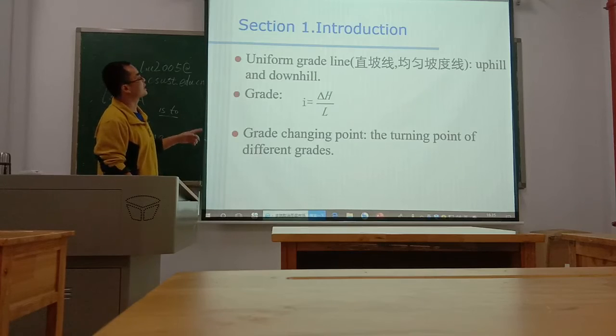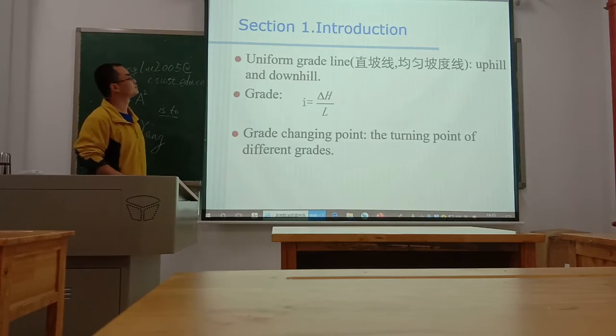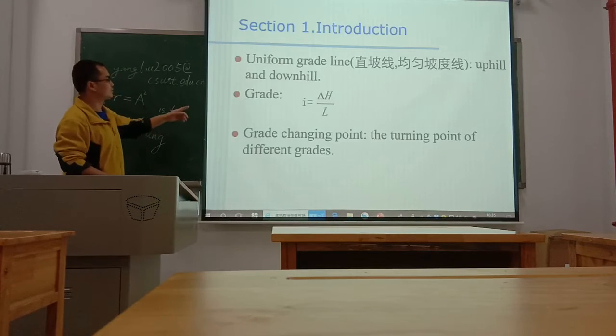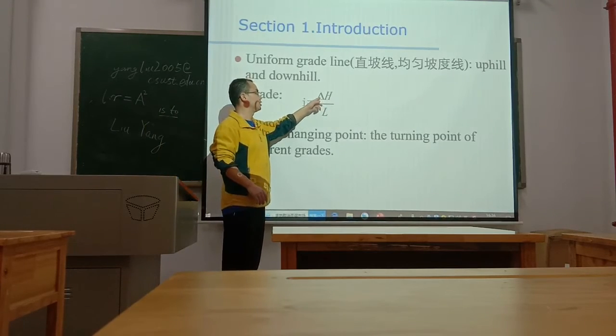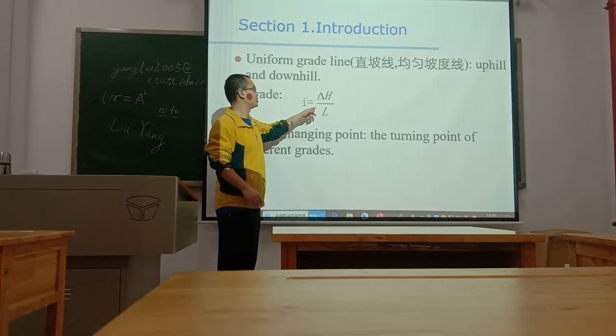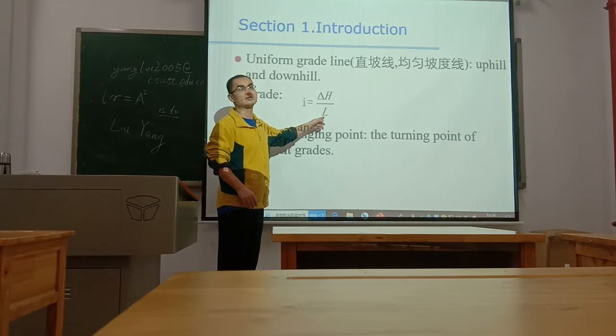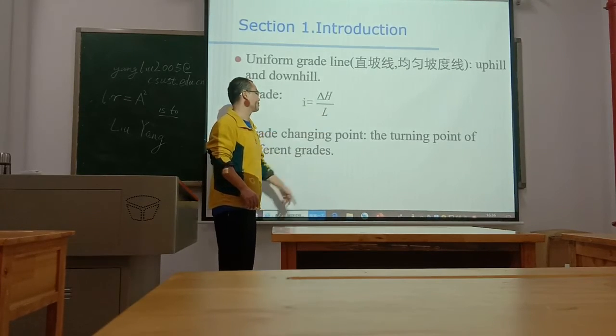Uniform grade line. Uphill and downhill. Grade I is equal to the difference of height divided by the horizontal length.